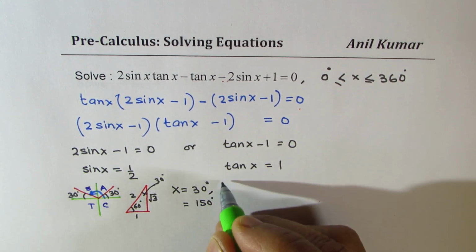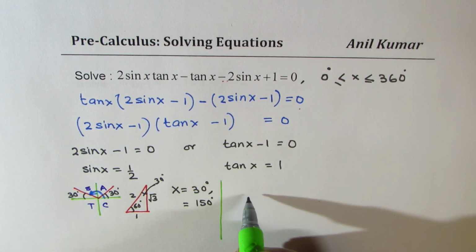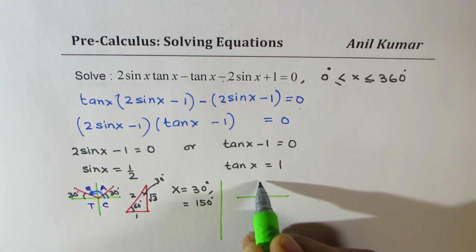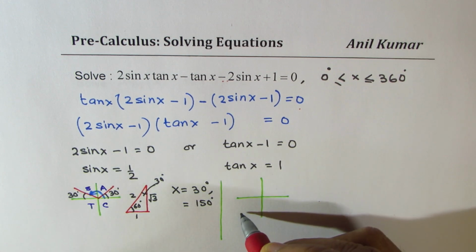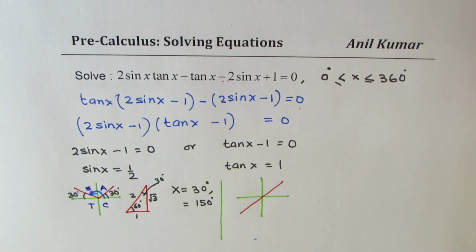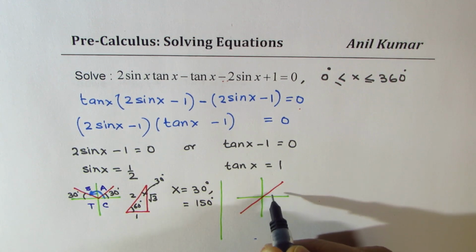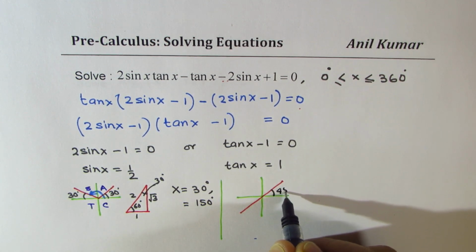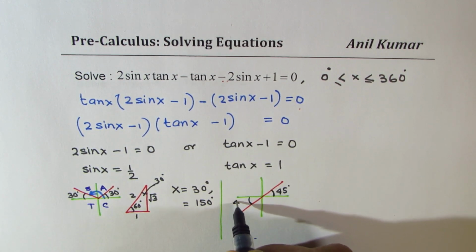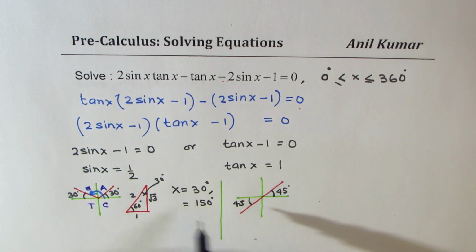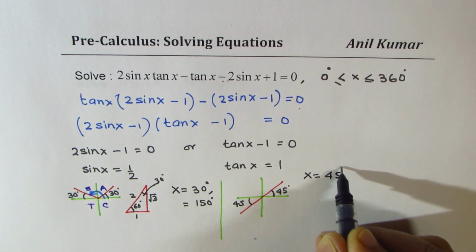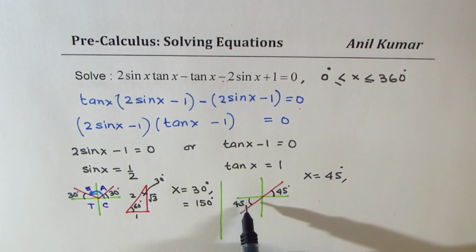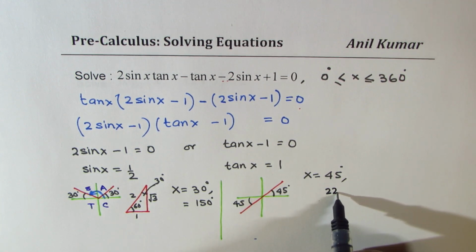I hope that is clear. Now let's look into tan x. It is positive in these two quadrants, so we are looking for solutions in these two quadrants. And tan is 1 for 45 degrees. So the acute angle is 45 degrees. The two solutions here are x equal to 45 degrees and 180 plus 45, so 225 degrees.